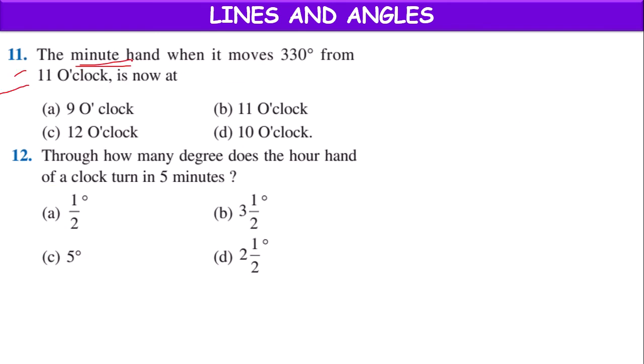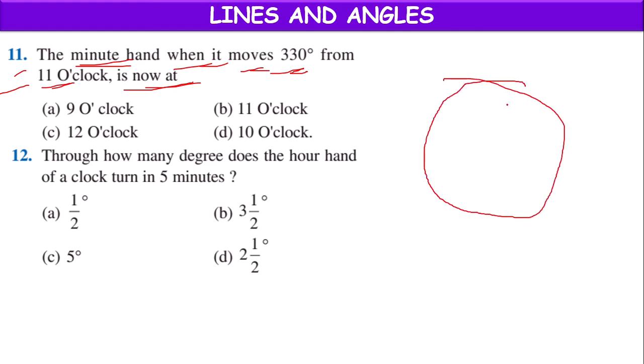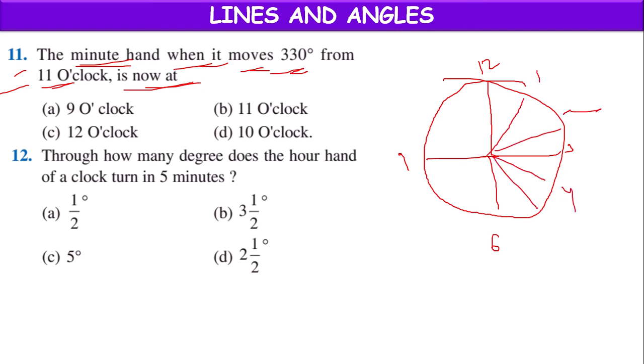Next one. The minute hand, when it moves 330 degrees from 11 o'clock, is now at. Suppose 12, 3, 6, 9, 1, 2, 4, 5, 7, 8, 10, 11.